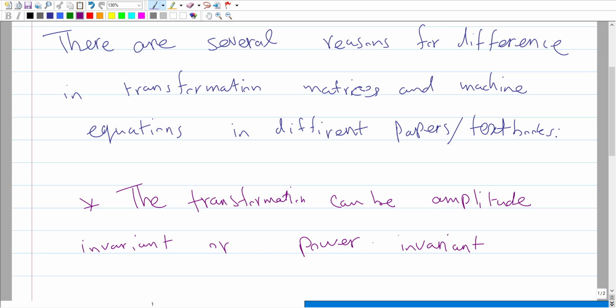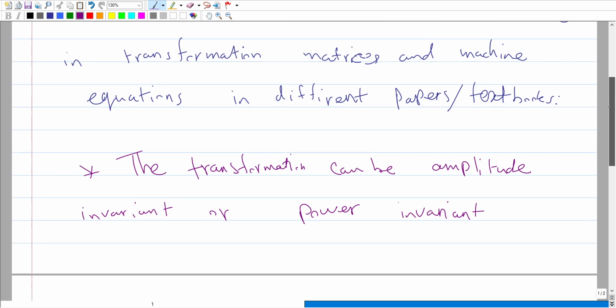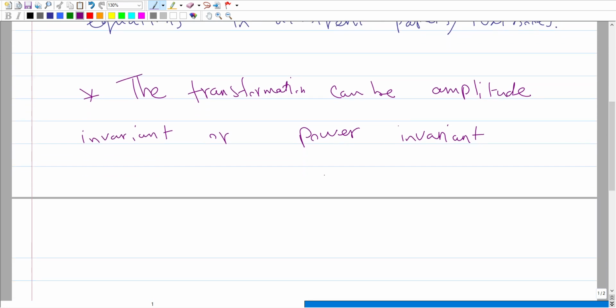Of course, for two-phase systems, you can have transformation which is both amplitude and power invariant. But for three-phase systems, maximum of one of these two specifications you can have, either amplitude or power invariant. So one of the causes that you see different transformation matrices is this. The transformation can be amplitude invariant or power invariant.